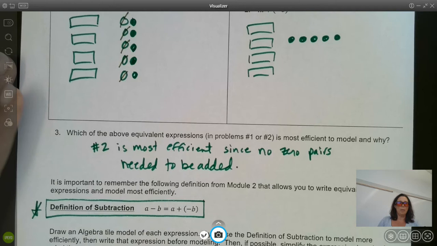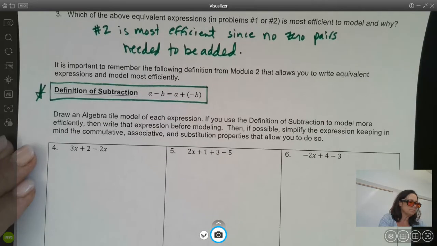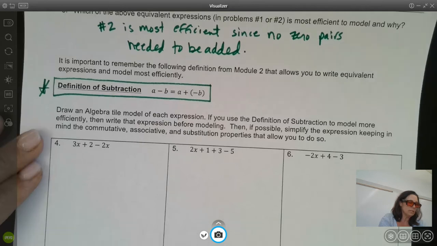Okay. All right, so let's take a look at, it says draw an algebra tile model for each expression. If you use the definition of subtraction to model more efficiently, then write that expression before modeling. Then simplify, keeping in mind commutative, associative, and substitution properties.